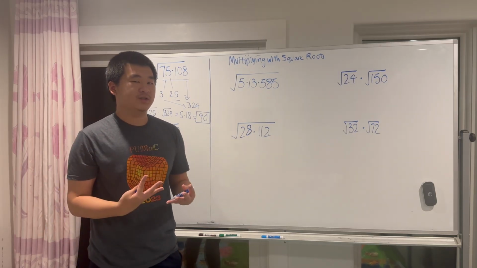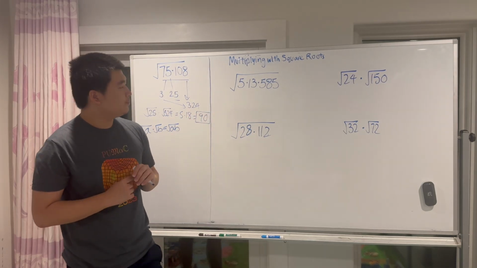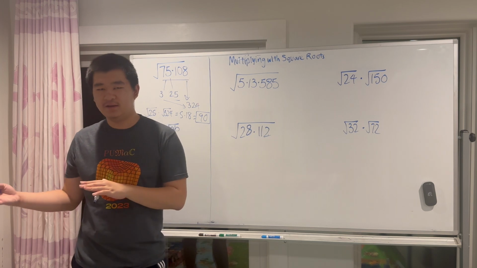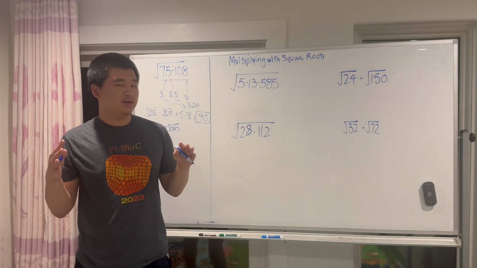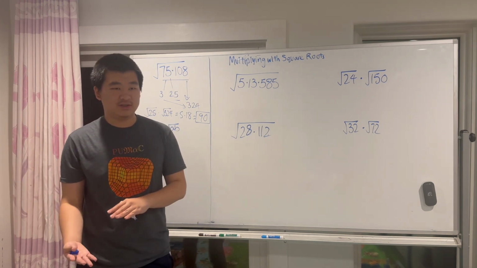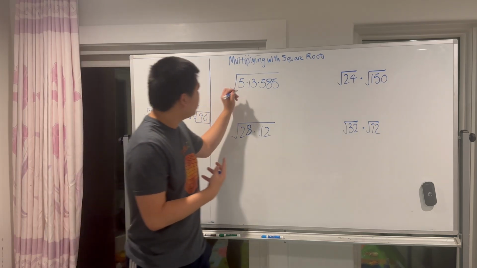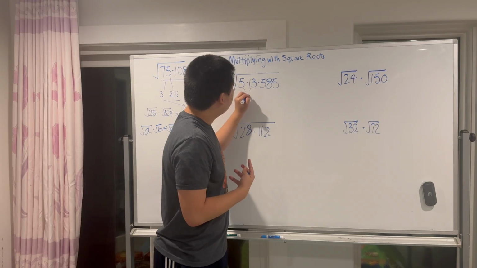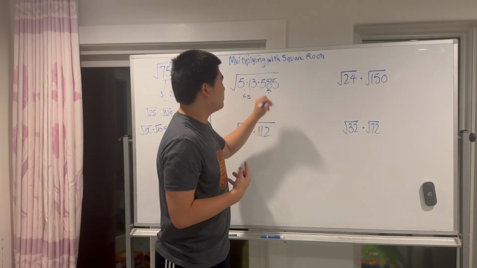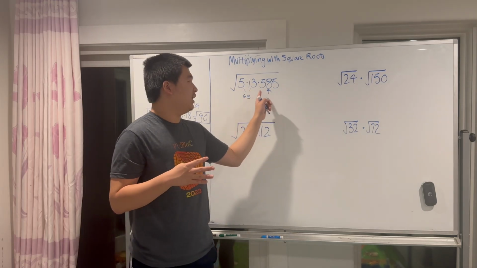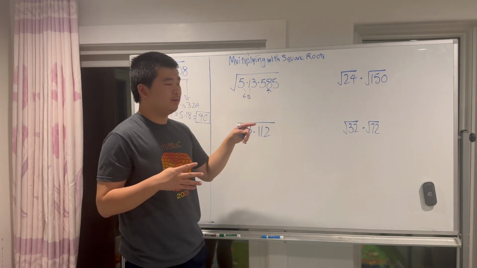Well, my thought process when I saw this problem was, okay, we've got 5 and 13 here. 5 and 13 together make 65. 65 doesn't have any perfect squares inside it. But I know that the answer has to be an integer, which means there's got to be a 65 inside this number, so that it can cancel with this.